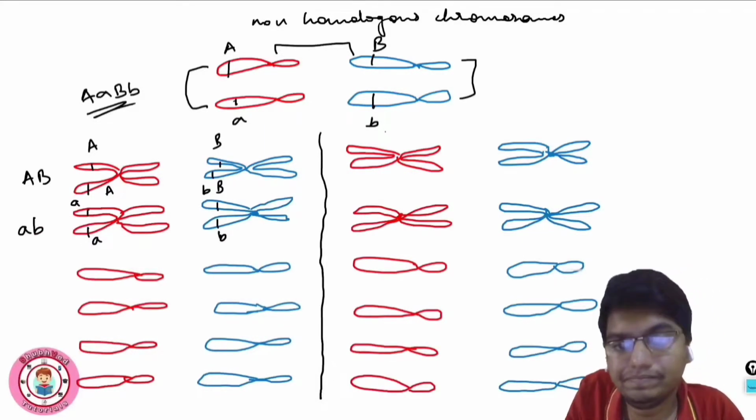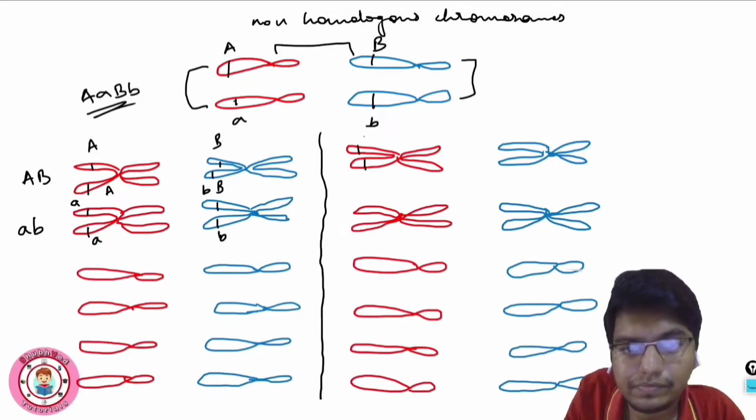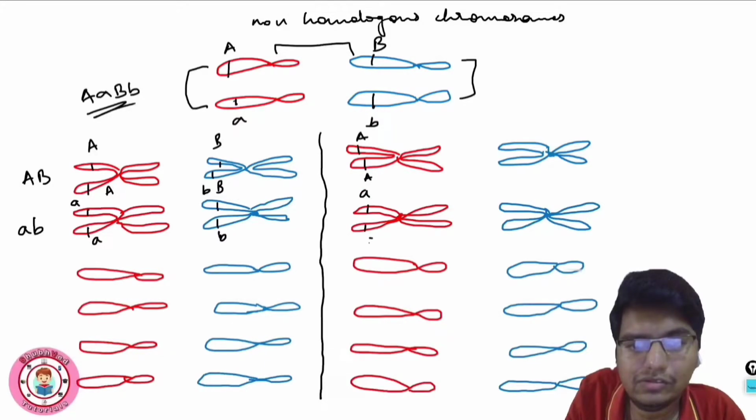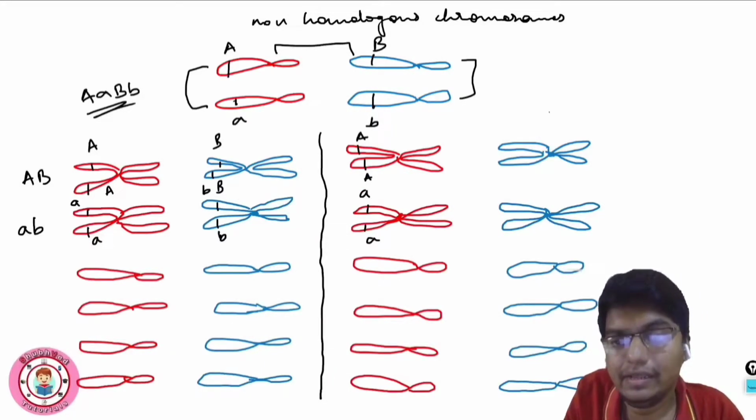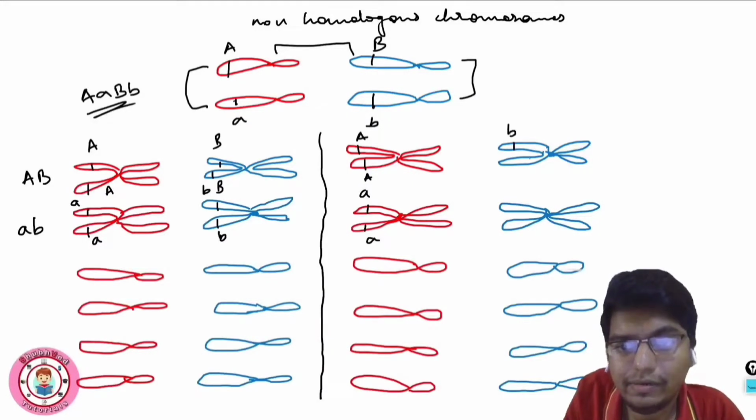as well as here capital A, capital A, small a, small a, right? And here this combination will be opposite, right?